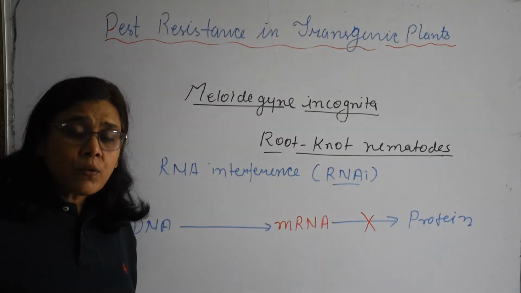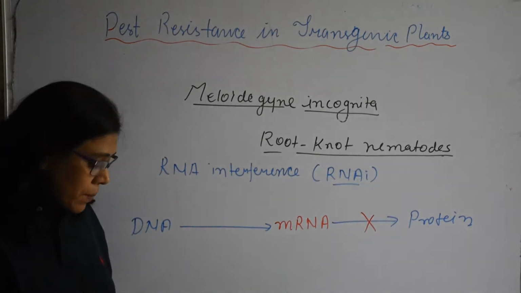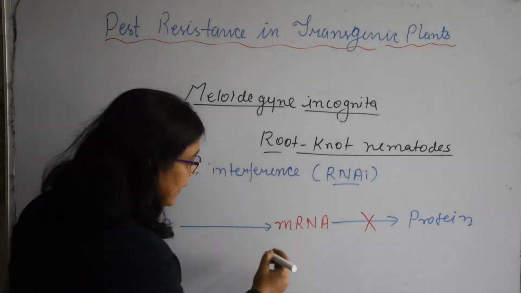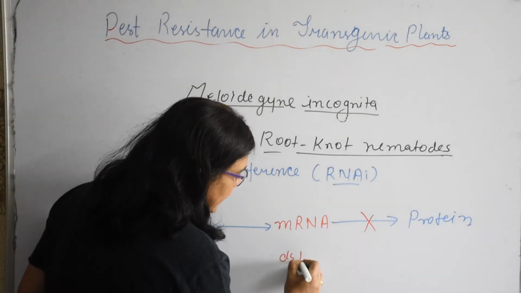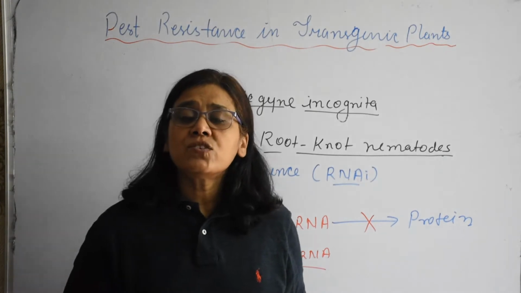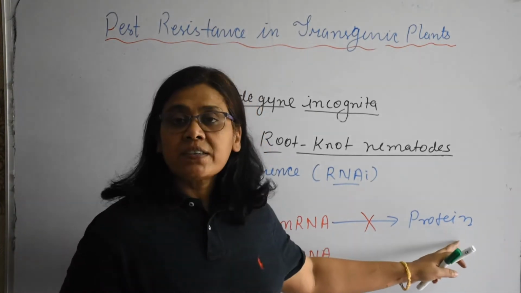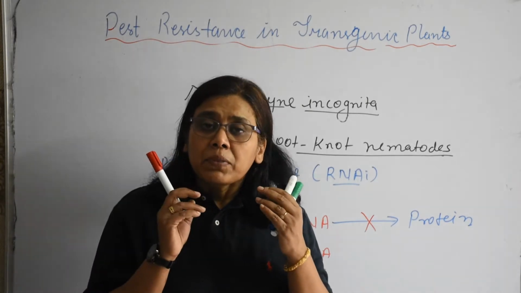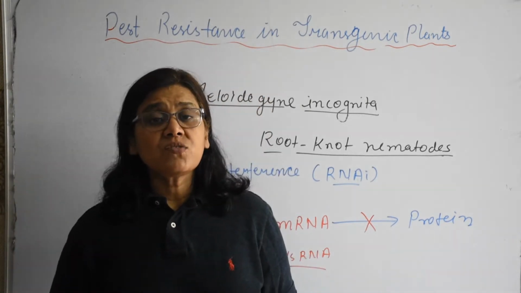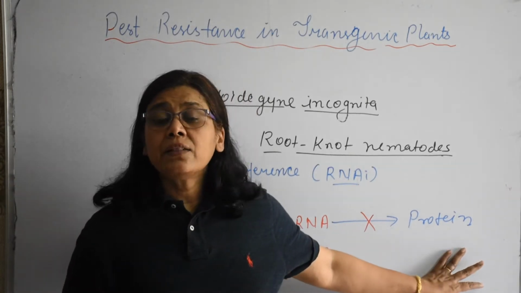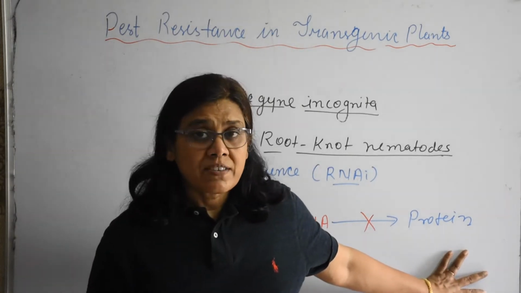Why is it not synthesized? Because instead of single-stranded RNA, double-stranded RNA is formed. So when the double-stranded RNA is formed, the protein will not be synthesized. And protein is very important for the biophysiological processes going on inside our body. In the absence of protein, the organism will not survive.